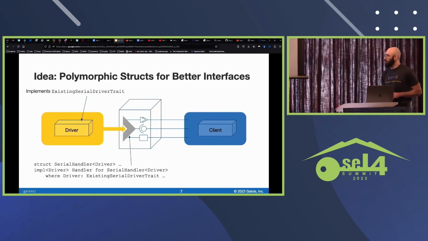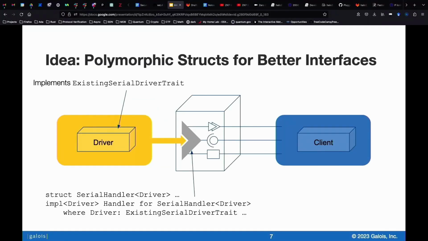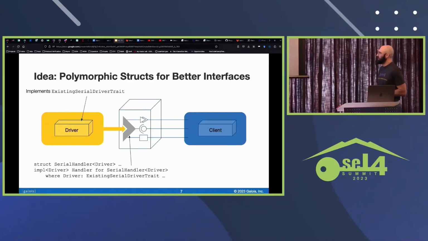We'll take this crate and make it pretend that it's a client to a Rust serial driver, and then we can write code that encapsulates the protocol that we're using to communicate between the driver and client.